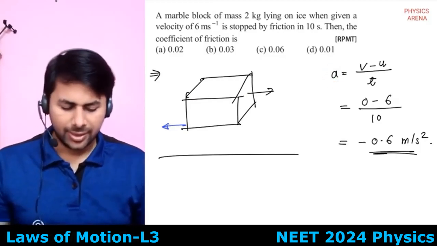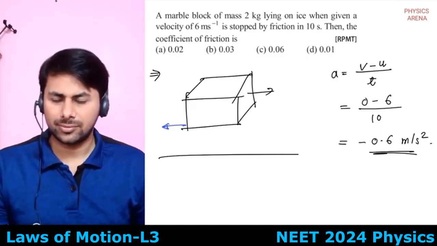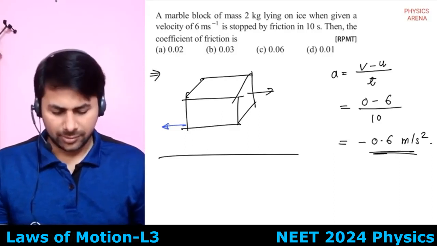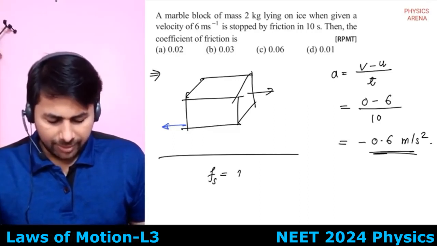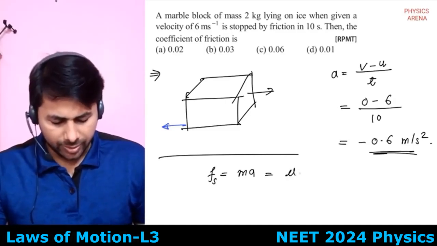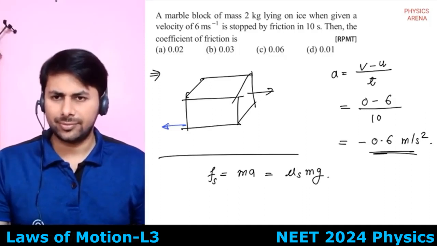So how much should be that frictional force? This is m times a. So Fs is equal to m times a, and it will be equal to mu s into mg, right?